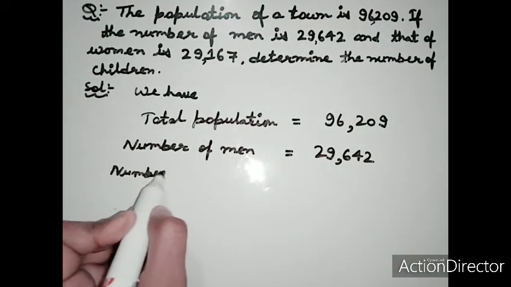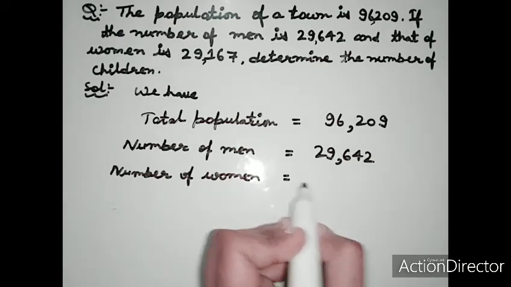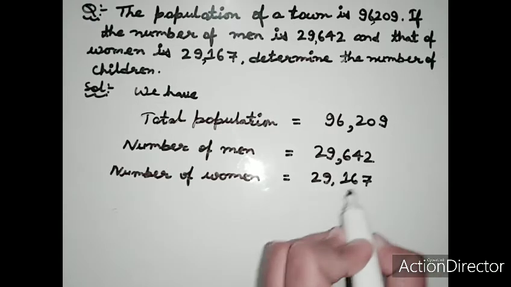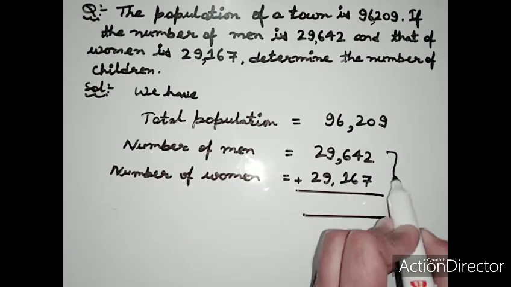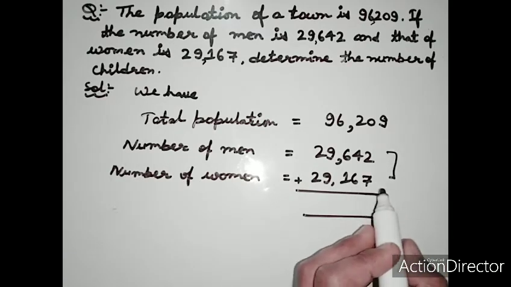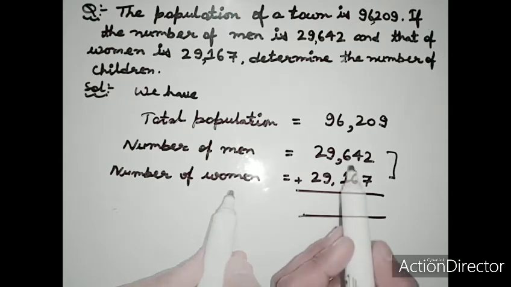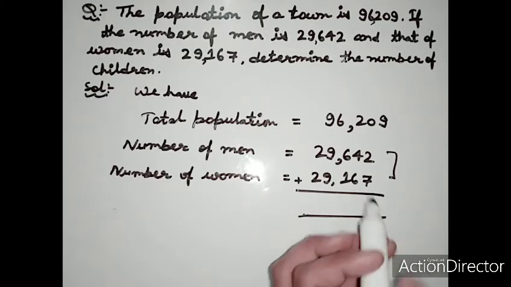Now here we write number of women 29,167. Now we add these two numbers and we get the total number of men and women.